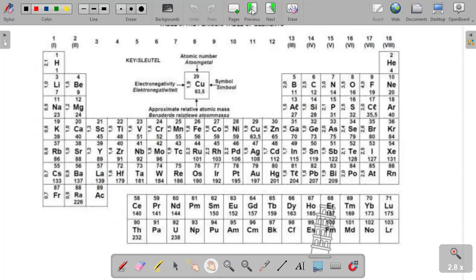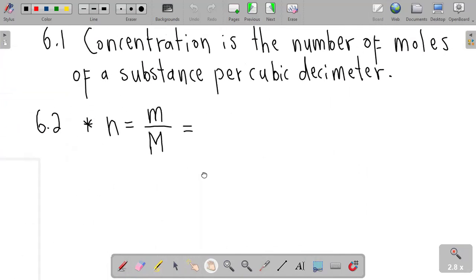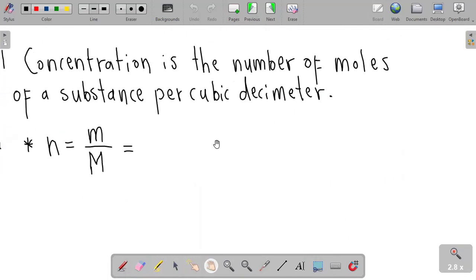So we go back to the formula, because that is KOH. Let me indicate that this is the number of moles for KOH.